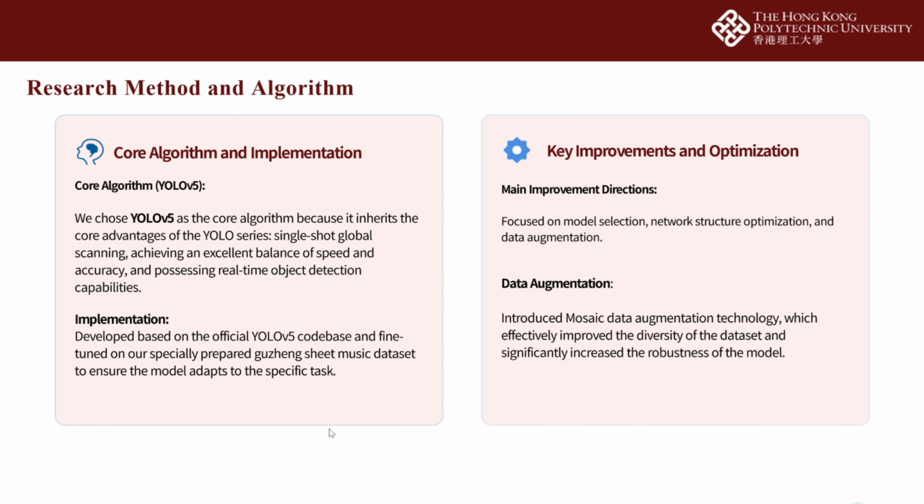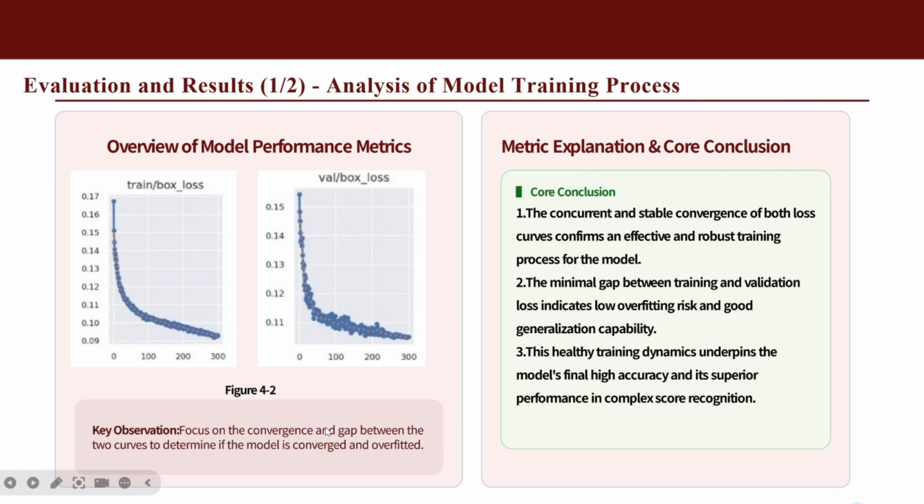So let's go to the results. The training progression reveals excellent learning dynamics. Both training and validation losses show smooth convergence with minimal divergence, indicating strong generalization capability without overfitting. Evidence of a robust training process.